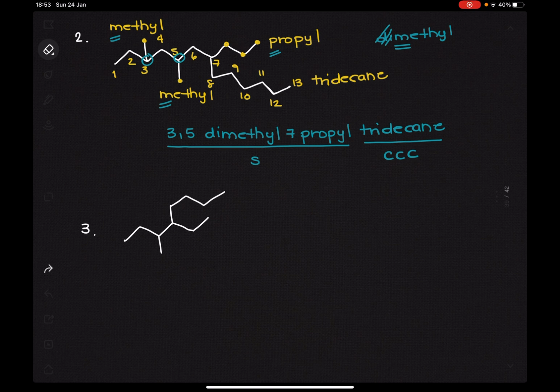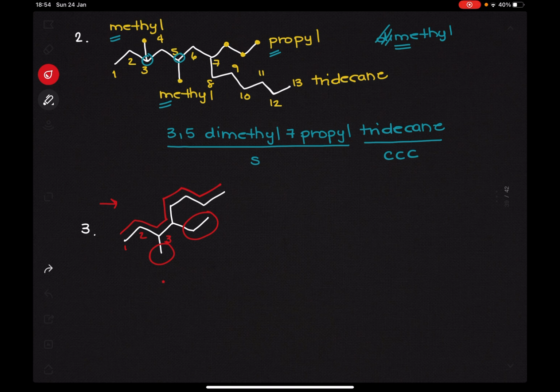For this other one, let's see what we have. I think that my longest continuous chain is going to go like this. I have this substituent, and I think I'm going to go like this, 1, 2, 3, 1, 2, 3 for the first substituent. Remember that the substituents need to have the smallest number possible.